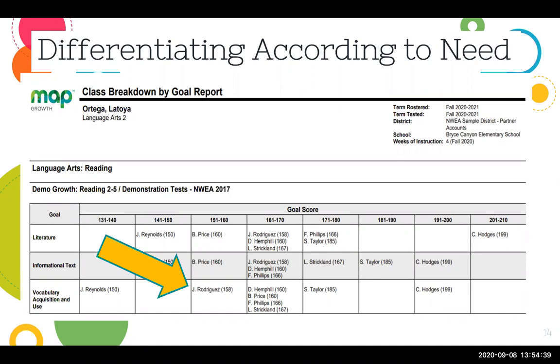Using this data, the classroom teacher can work with each student to collaboratively design an instructional goal based on individual needs in the area of vocabulary acquisition and use, in alignment with the building level focus. For the purpose of today's activity, we will select one student, John Rodriguez, to take a look at what goal setting might look like.